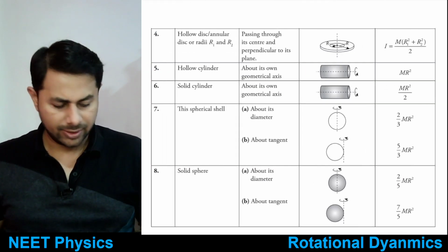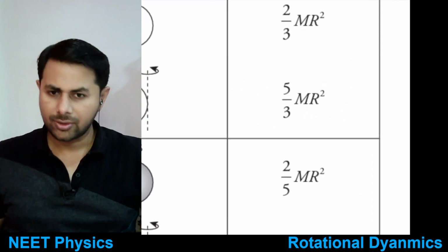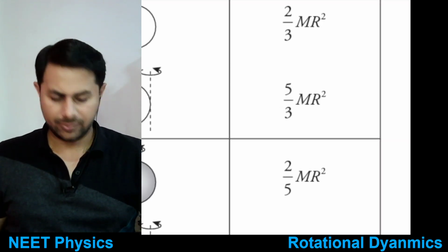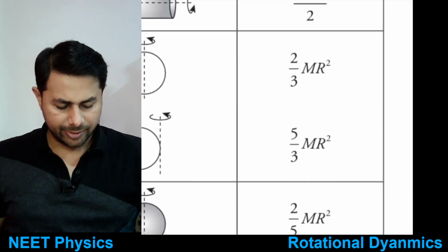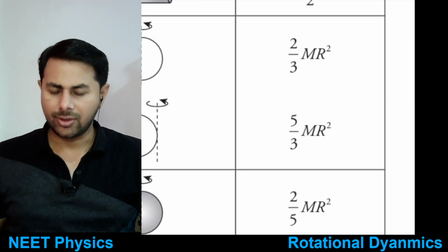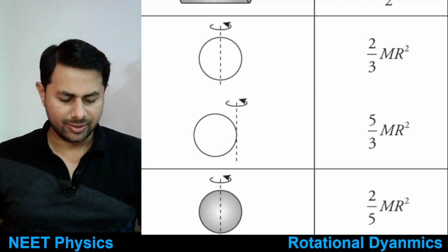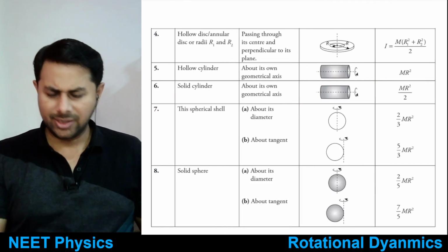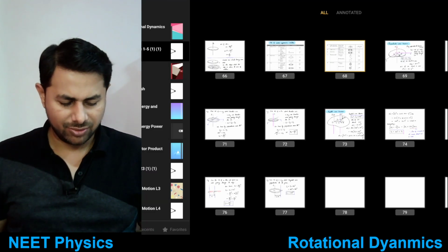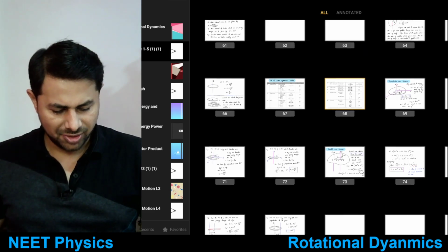So you need to remember these formulae. For a solid sphere, it's 2 by 5 mr square. For a hollow sphere, it is 2 by 3 mr square. So the list is given and we need to memorize those formulae. This is clear? Yes, no?